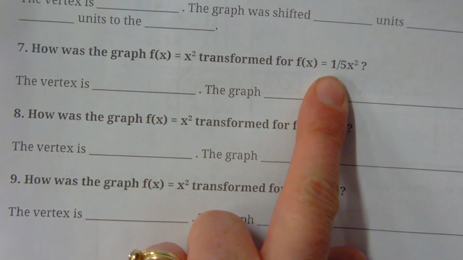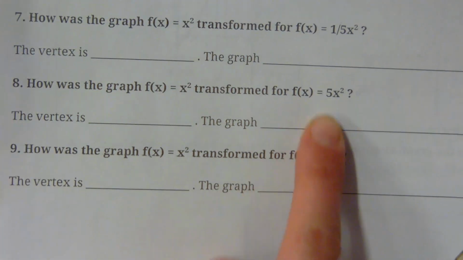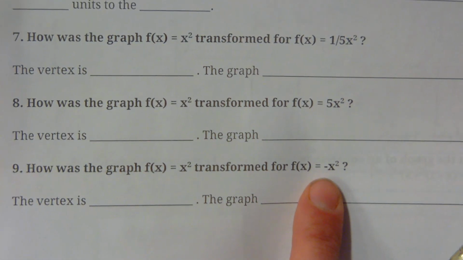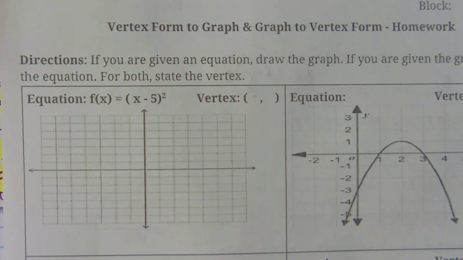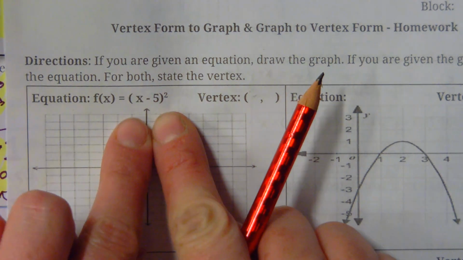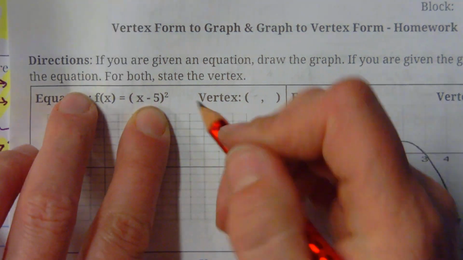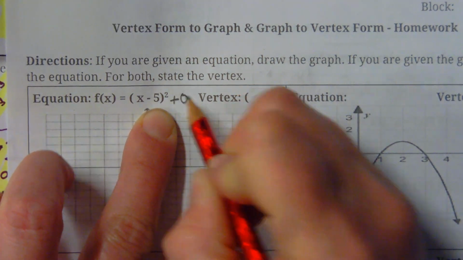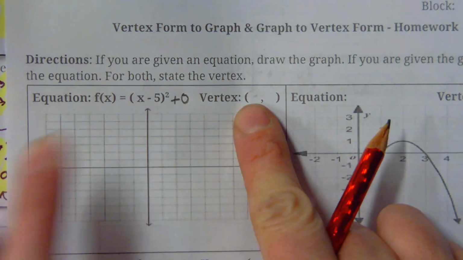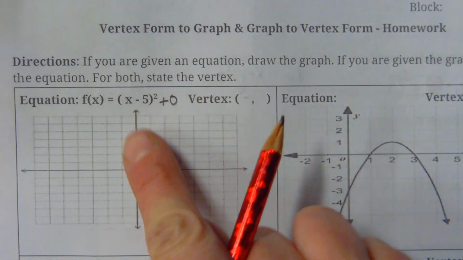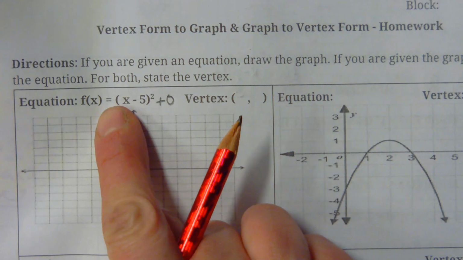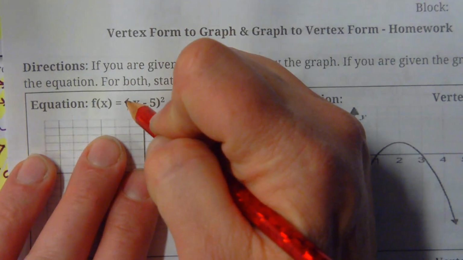Fractional a value right here, greater than 1 a value there, negative goes upside down. And then you're going to flip it over and you're going to graph. There's vertex form. Remember, if it's minus 5 squared and there's nothing here, it's really plus 0. So what's the vertex? You can get that from there now, and you're going to graph it. A value is 1 because there's nothing there.